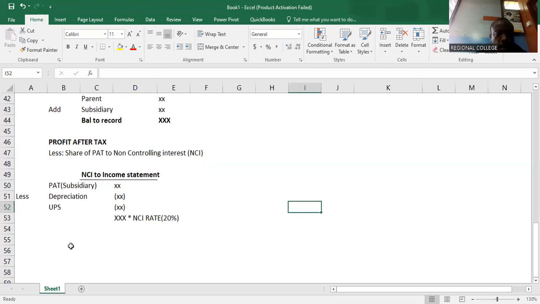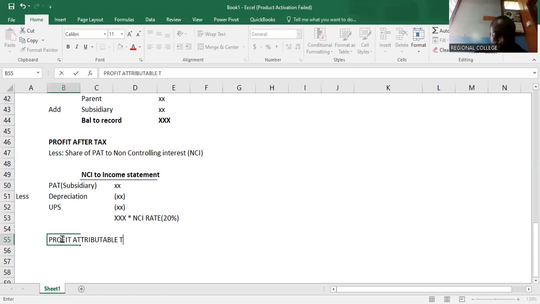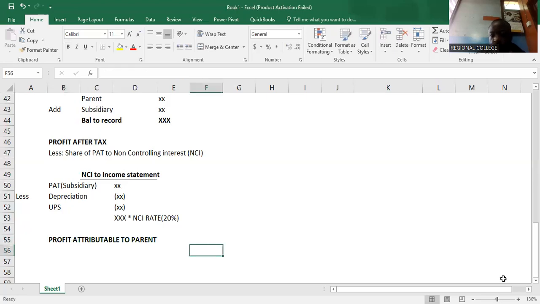So once I remove it from profit after tax, I'll get profit attributable to the parent. I'll get that amount there. Profit attributable to the parent.